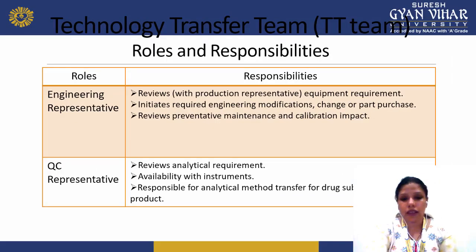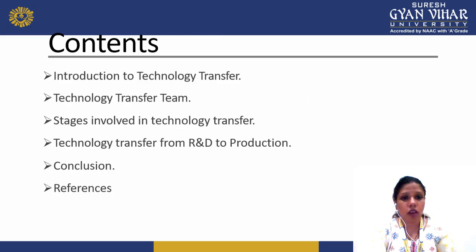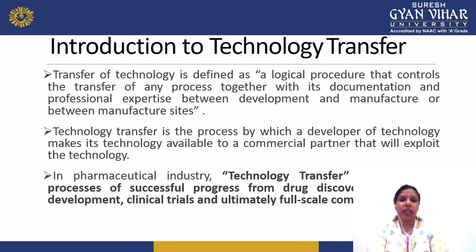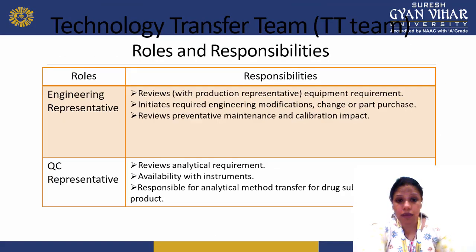So these are the references. In today's lecture we have discussed the learning outcome, learning objective, and content related to the technology transfer. We discussed that there is a technology transfer system in which the technology is transferred by proper documentation from the development stage to the manufacture stage, or from one manufacturing site to another manufacturing site.